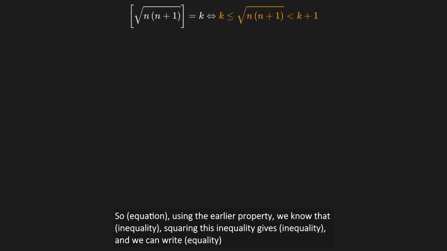Using the earlier property, we know that k is less than or equal to the square root of n times n plus 1, which is also less than k plus 1. Squaring this inequality gives k squared is less than or equal to n times n plus 1, which is less than k plus 1 squared. And we can write n times n plus 1 as n squared plus n.